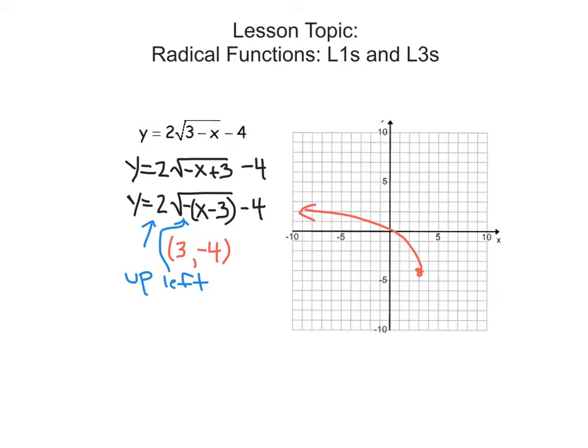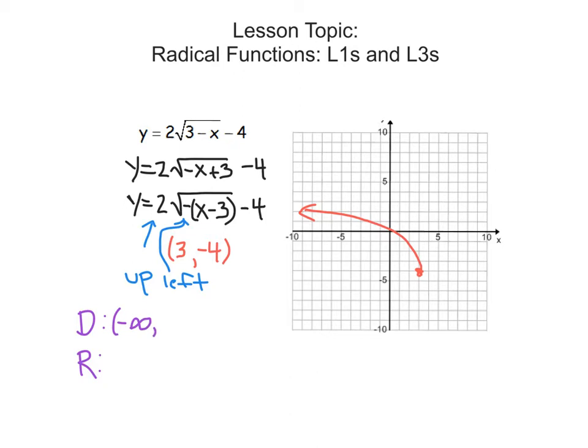Now, like I mentioned, we also will need to be able to write our domain and our range for this function. Remember that domain is leftmost to rightmost, and range is bottommost to topmost. So when we think about our domain, leftmost comes first. Now this curve is pointing to the left. Okay, if it's pointing to the left, that means it's going infinitely to the left, which is a negative infinity.